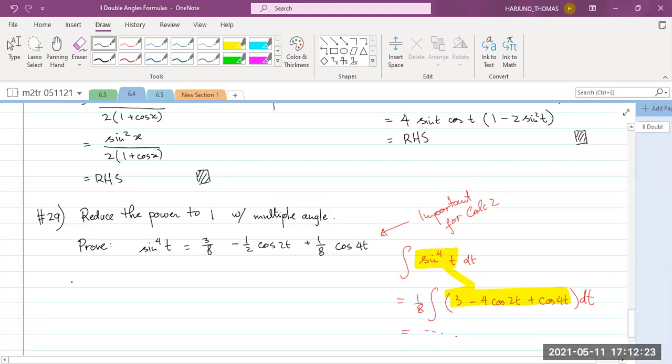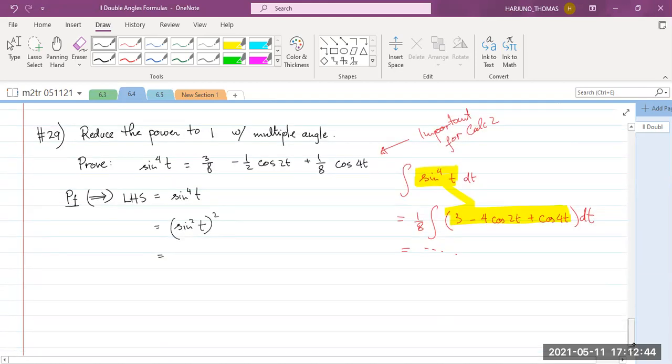Even though the right-hand side is more complicated, it's basically coming from the left-hand side being reduced. This is sine to the fourth t. That is sine squared t being squared. Now then we use power reduction. This is 1 minus cosine 2t over 2 being squared.